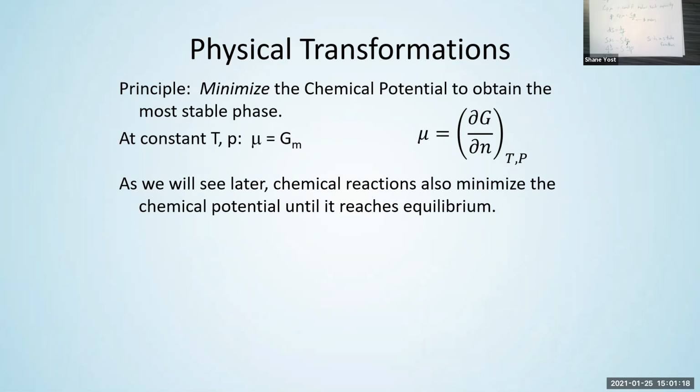Now, some of you may or may not have heard this term chemical potential before. Mathematically, it's just related to the change in Gibbs free energy with the change in number of moles of some substance. In chemistry, this chemical potential is related to which phase, solid, liquid, gas, or what types of solid phases are more stable.